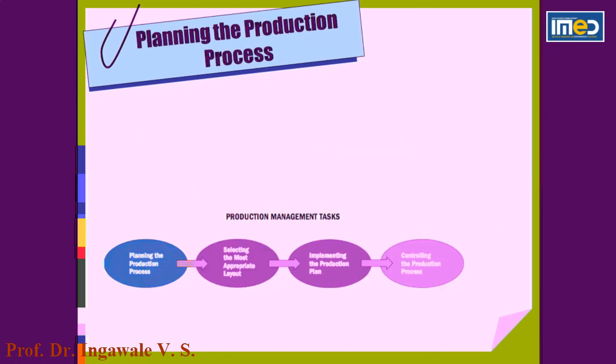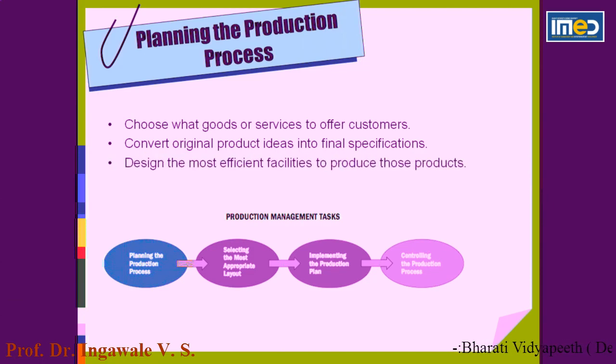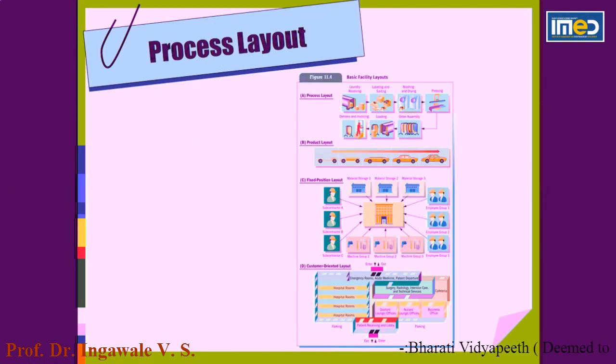Then next, planning the production process. So here we have to choose what goods or services to offer to customers, then convert original product ideas into final specifications, then design the most efficient facilities to produce those products.